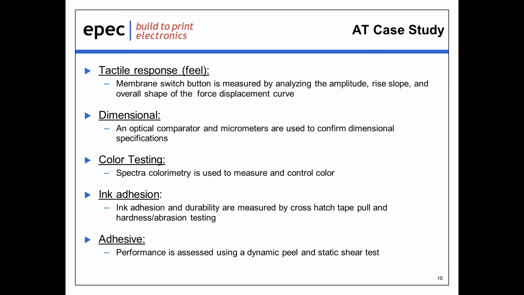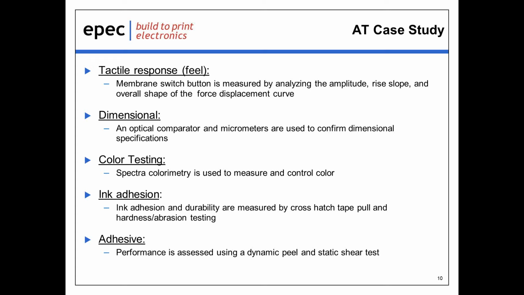So some of the examples of the tests that we perform here in Largo: we do test for tactile response, which is analyzing the amplitude and rise and slope and force displacement curves of the switch assembly. Dimensional tolerances, we do have an optical comparator that we use to confirm that the part is per the drawing. We do color testing as well.